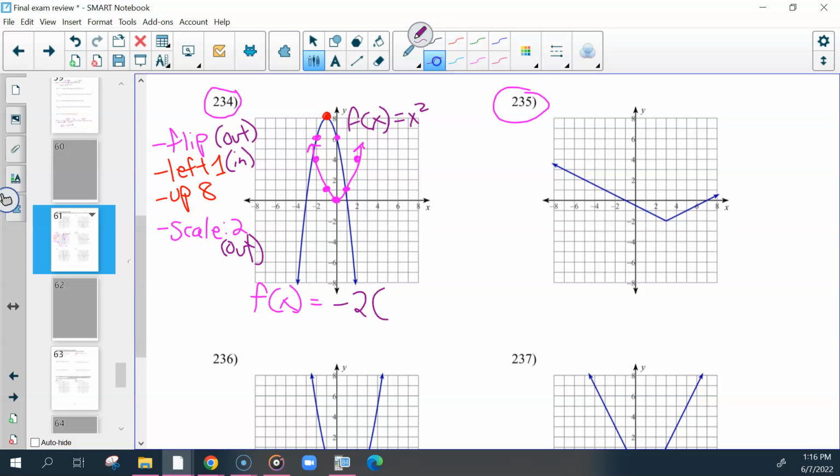In parentheses, this would be a plus 1. But our function is squared, so we need to remember that. And then the last piece would be our up 8 on the outside. Negative 2 in parentheses, x plus 1 squared plus 8 would be our equation.